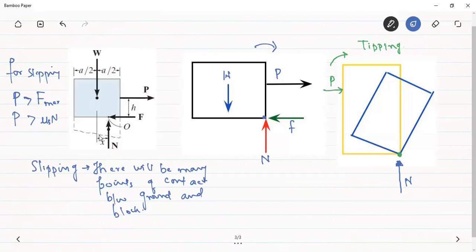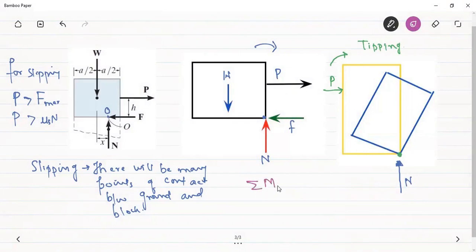It has been assumed that it is lying at a distance of x from the weight force, so we can find the location of the normal reaction. If this is point O, we can take the summation of moments about point O to be 0.